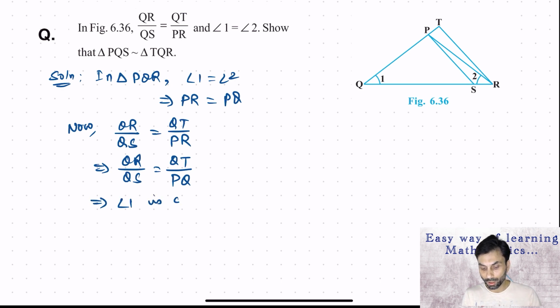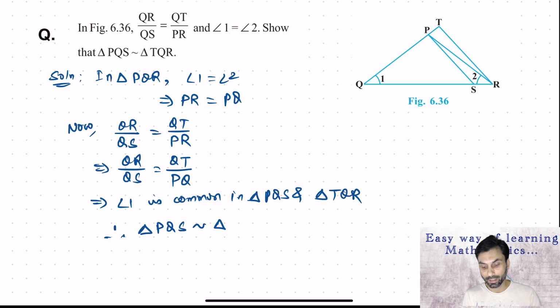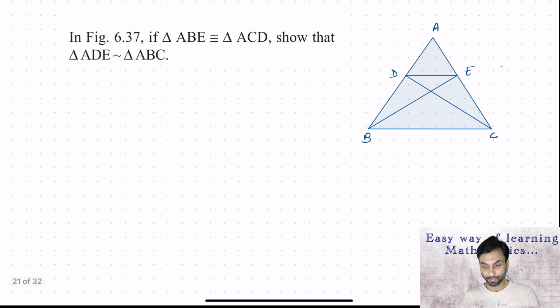Also, angle 1 is common in triangle PQS and triangle TQR. Therefore, we can say that triangle PQS is similar to triangle TQR by SAS similarity.